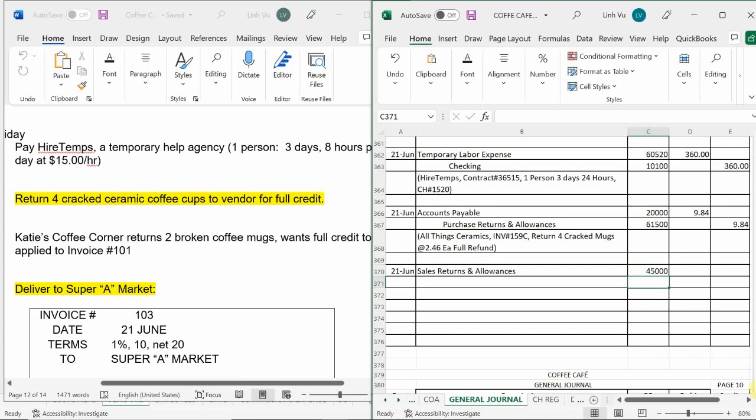Okay. And she asked us for a full refund to be applied to her invoice number 101.